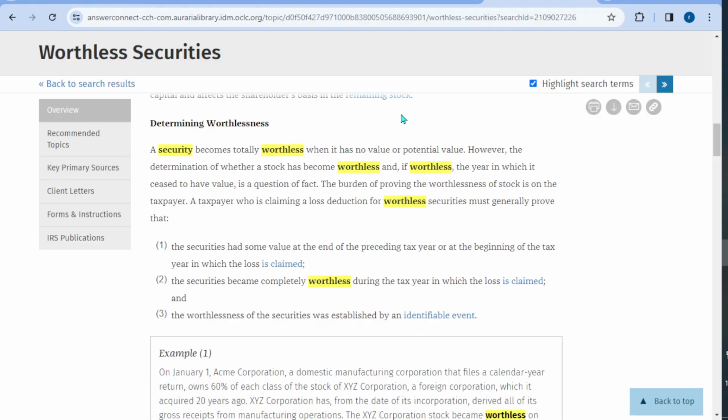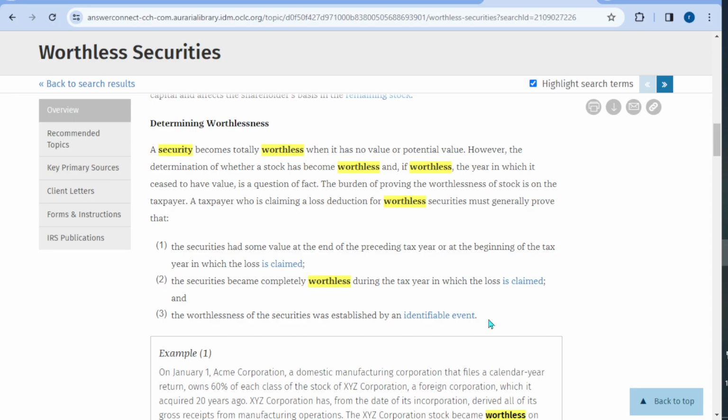So going back, it says the worthlessness of the securities was established by an identifiable event. Well, that came in the 8K report where they said, we're bankrupt and we're canceling the value of the stock and taking it off the exchange. So we know that in the current year, 2023, this stock became worthless.